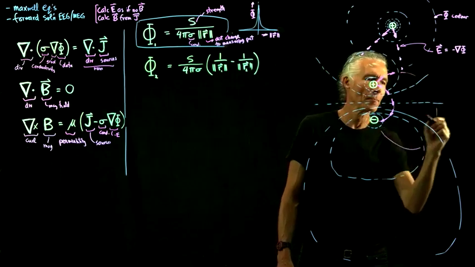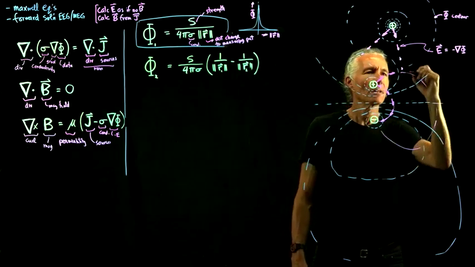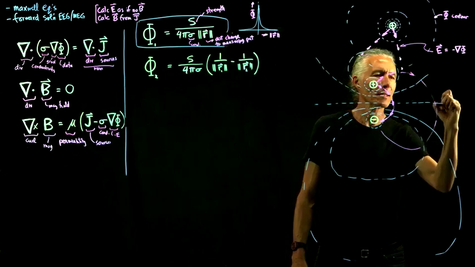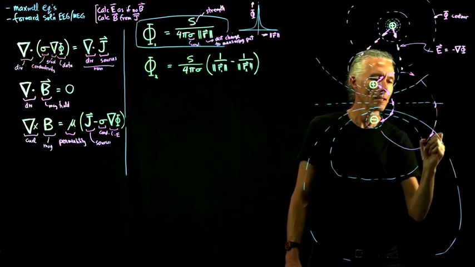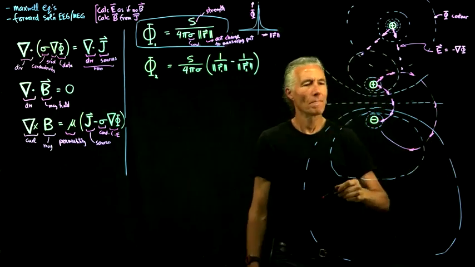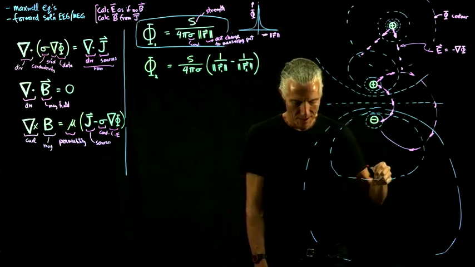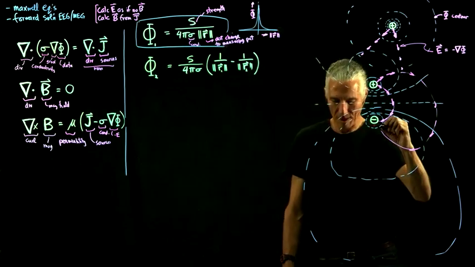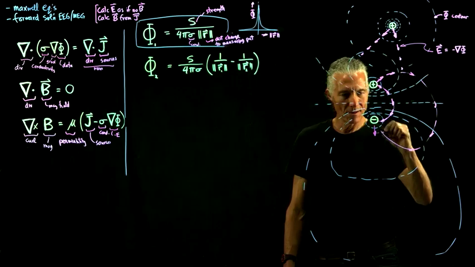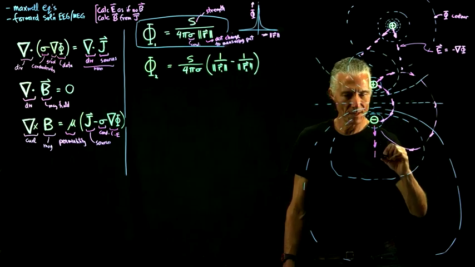They'll always be perpendicular to the... okay, and they would just be going straight down here, falling off, getting smaller.